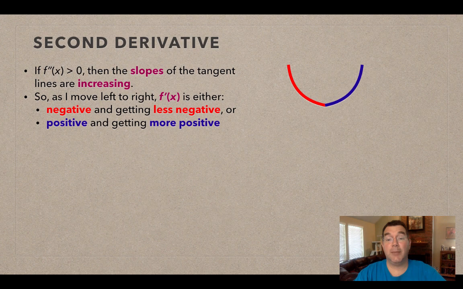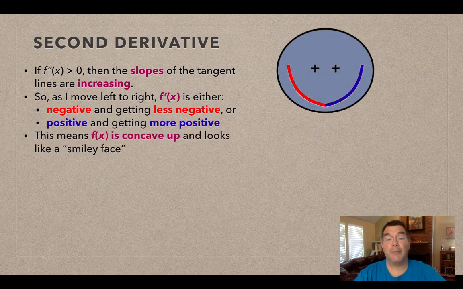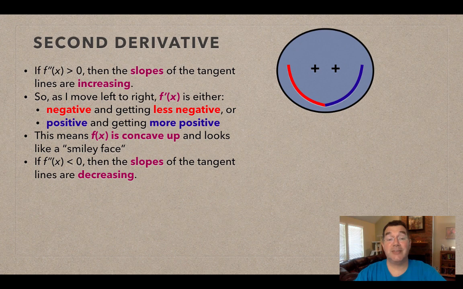Well, if you look at both halves of that, that looks like a smiley face. And so the way I remember that a function is concave up is to remember that smiley face and how that means that the second derivative is greater than 0. Okay. On the other side of things, if the second derivative is less than 0, that means that the slopes of the tangent lines are decreasing as I go from left to right, which means one of two things.